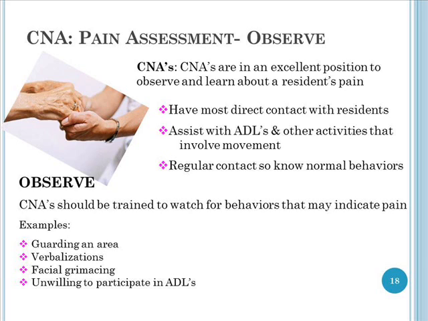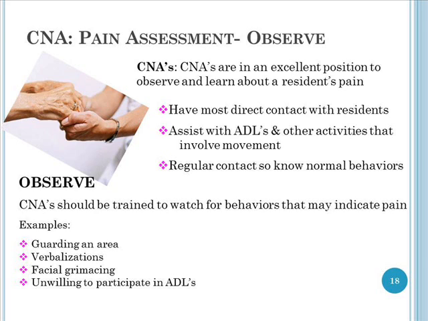So in observing, it's important to be trained on what behaviors to observe for that might indicate pain. Some examples are when your resident guards an area or braces an area. They may make verbalizations. They may say, "Ow, I'm hurting," or "help me," or any noises, groaning, moaning, that might suggest pain.